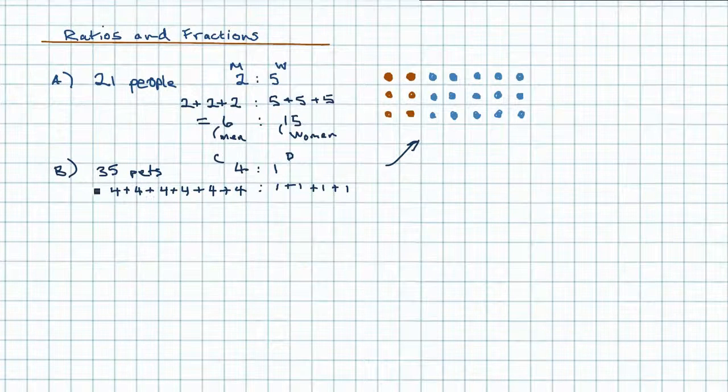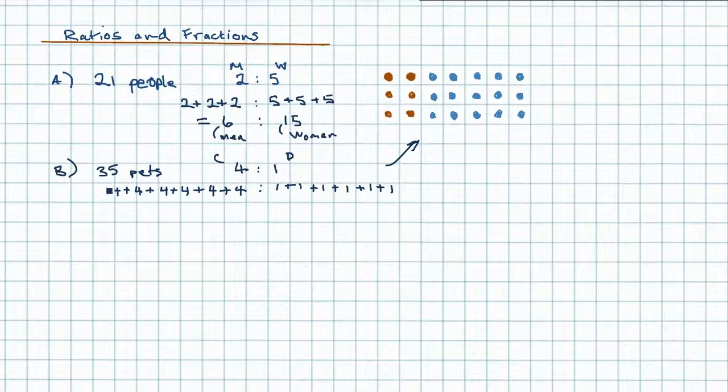So let's do a couple more. How many have I got so far? I've got 1, 2, 3, 4, 5, 6. Okay, so I have to have 6 on the other side. And now I've got 6 times 4, 24, plus 6 gives me 30.